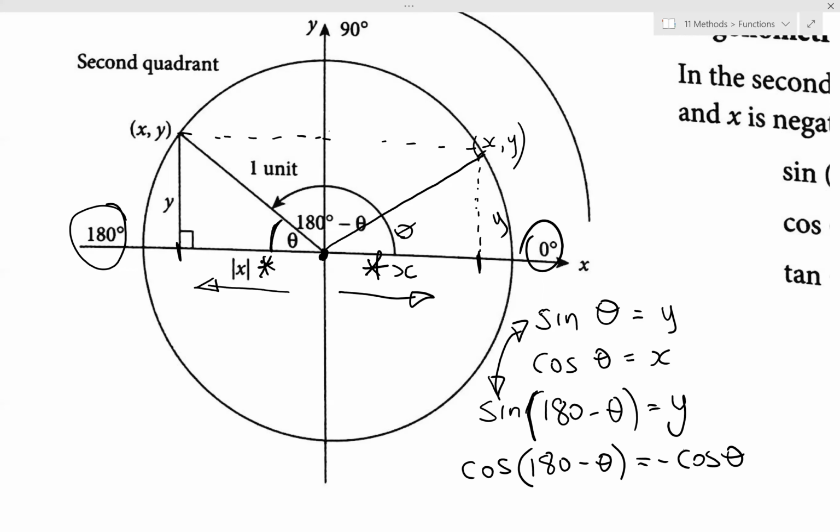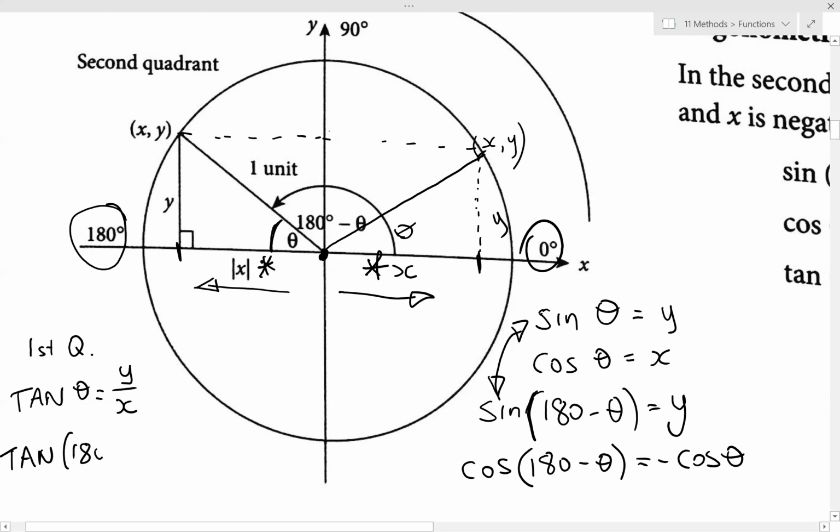And same with tan. Okay, when I'm looking at tan of theta equals y over x in the first quadrant. But when I'm talking about tan of 180 subtract theta, I'm now pushed into that second quadrant.